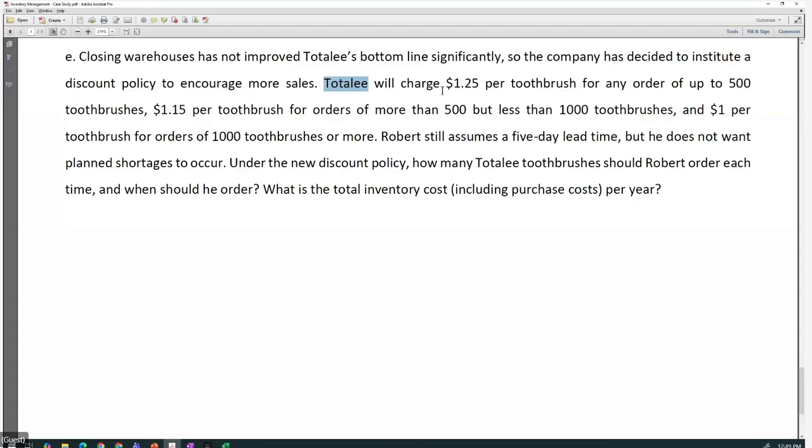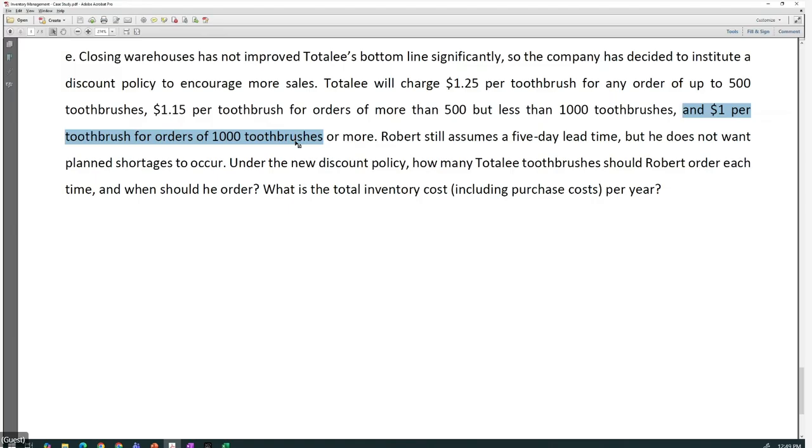Okay. Totally will charge $1.25 per toothbrush for any order of up to 500 toothbrushes. $1.15 per toothbrush for orders of more than 500 but less than 1000. Okay, I hope you're with me. And then $1 per toothbrush for orders of 1000 toothbrushes or more.